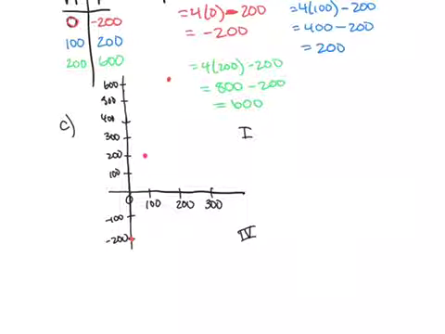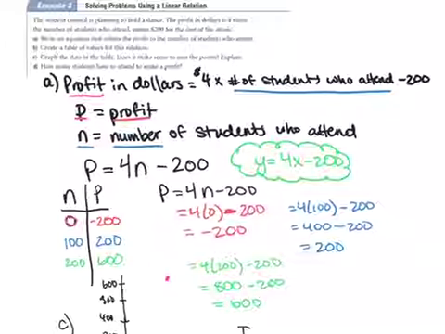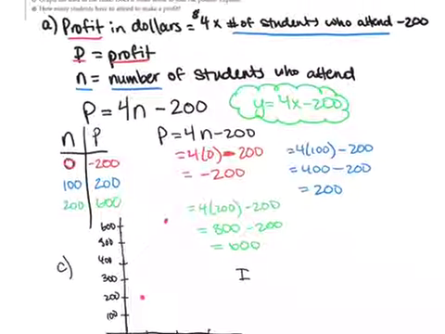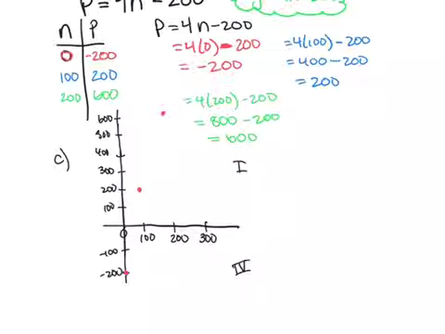But the second part of the question, so go back to the top here, the second part of the question says, does it make sense to join the points? Explain. Well, if we join the points, it means that every single point on that line is valid. And you have to remember what your axes stand for. Your x-axis is your number of people, and your y-axis is profit.